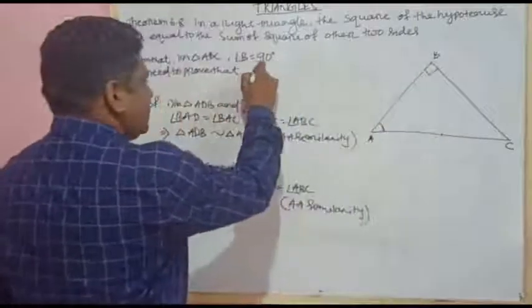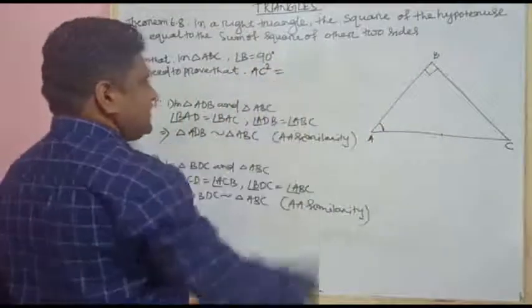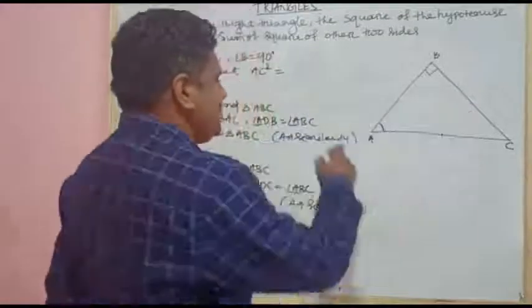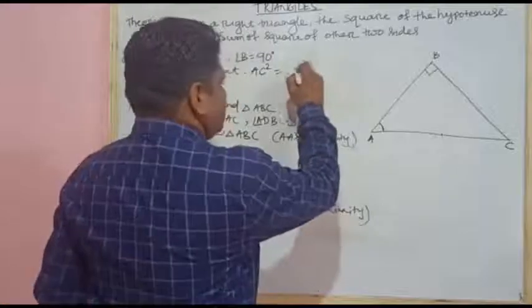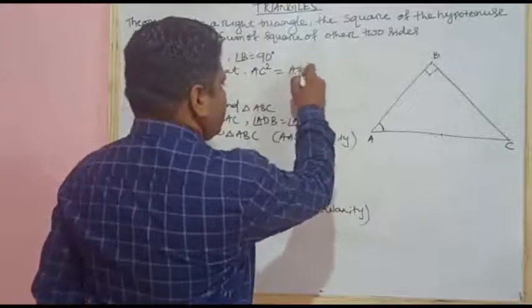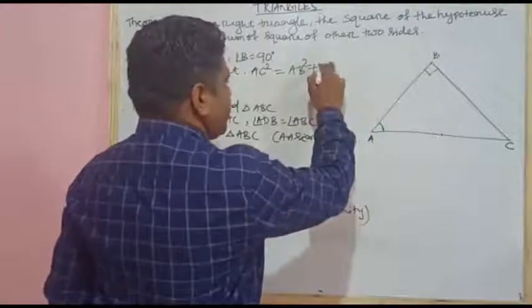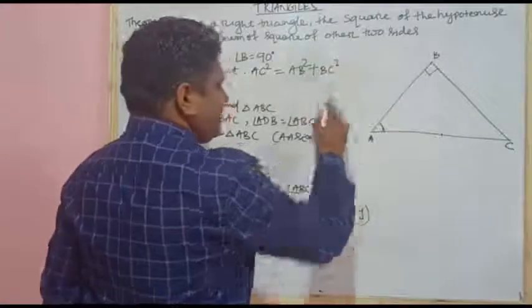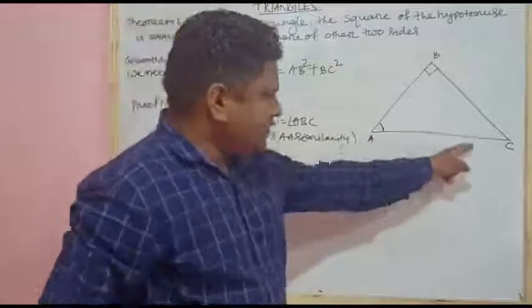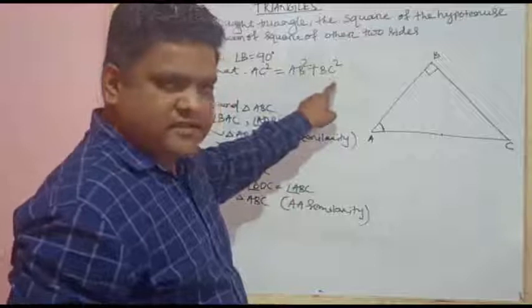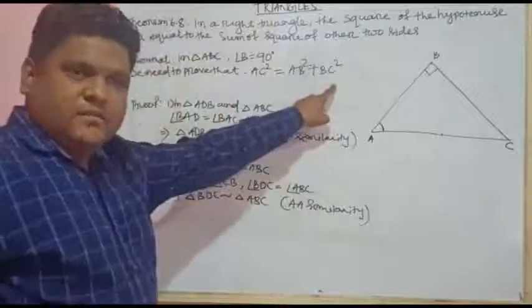We need to prove that AC square is equal to the sum of squares of the other two sides, means AB square plus BC square. This is called the Pythagoras theorem.